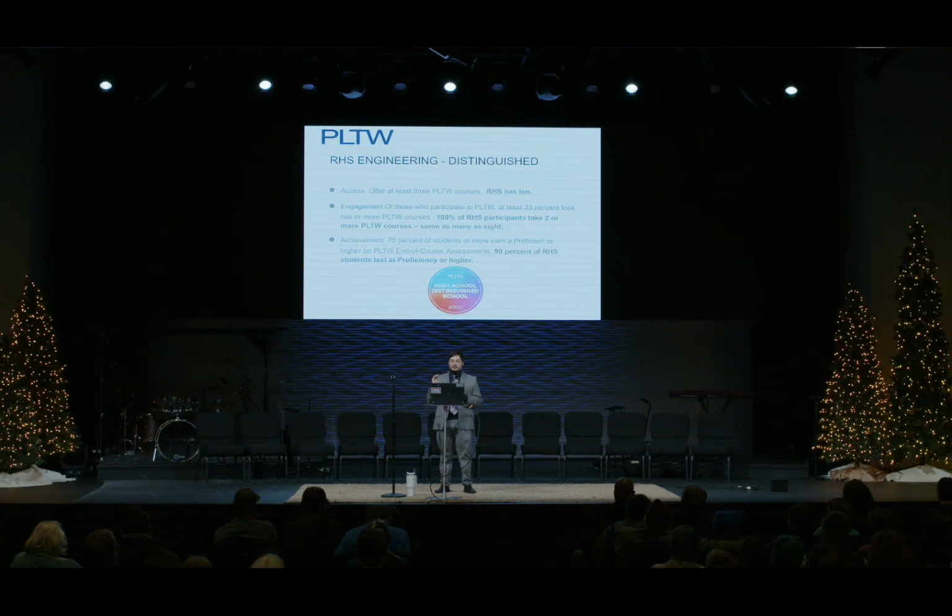Majority of our students reach proficient, 90% to be precise. In the rest of the country, it's 70. We're 20 percentage points higher than the rest of the country. Think about that for a second. That's what our teachers bring to the table. We make sure that 90% of our students are proficient.